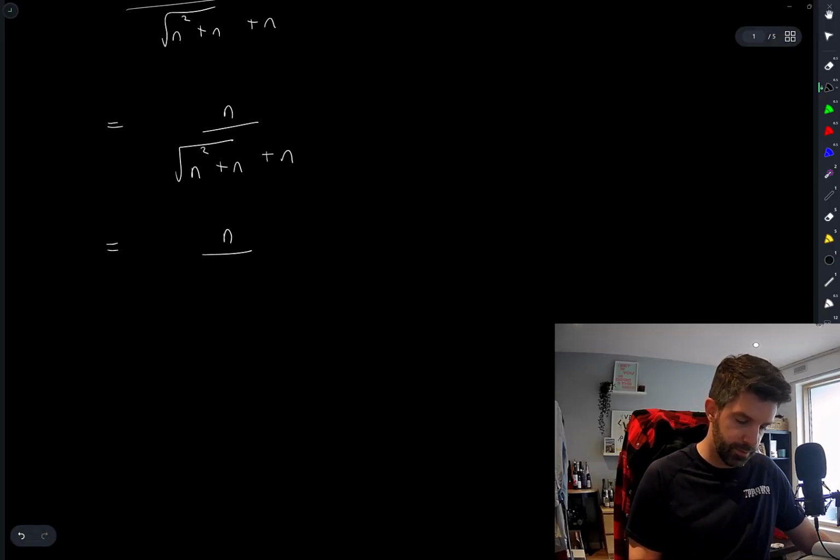Probably want to factor n out from the denominator, right? So this becomes, let's write this as n squared times 1 plus 1 over n, under a square root, plus n.